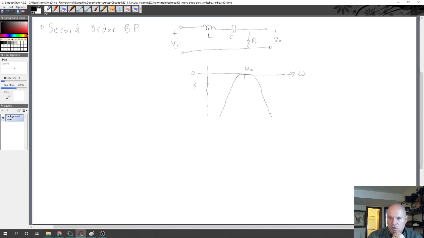There's our 0.707. If you take 20 log of 0.707, it turns out to be minus 3 dB. So the two frequencies at which the response is down by 3 dB from the peak response are called our corner frequencies or cutoff frequencies.